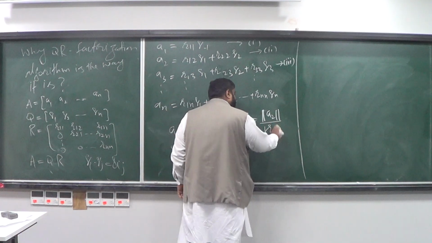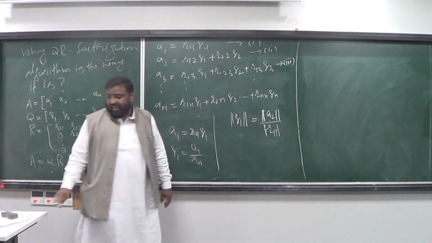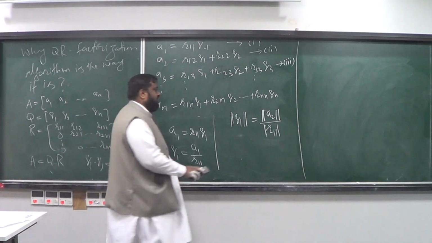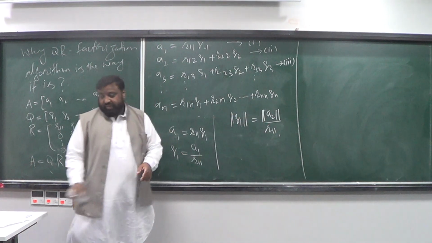It should really be the absolute value of R11, but these R's are positive numbers, so you can keep it as R11 as well.